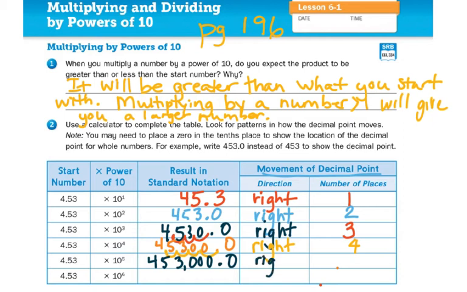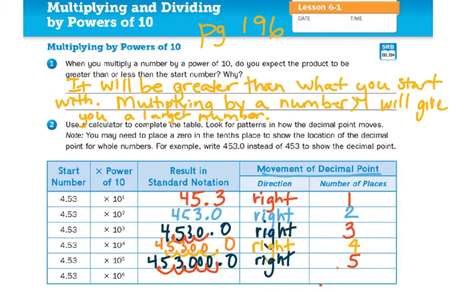Move to the right. How many places did it move? Well, it was here. 1, 2, 3, 4, 5. It moved 5 places.